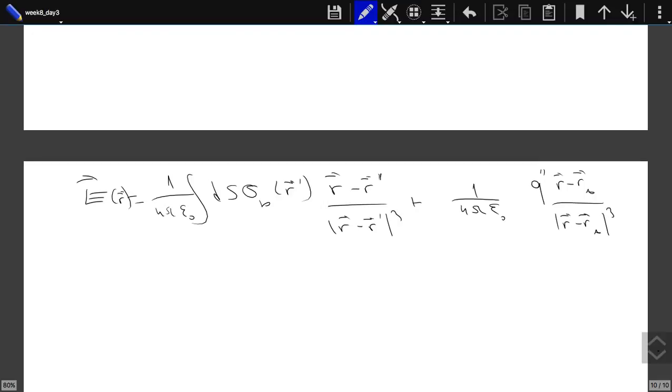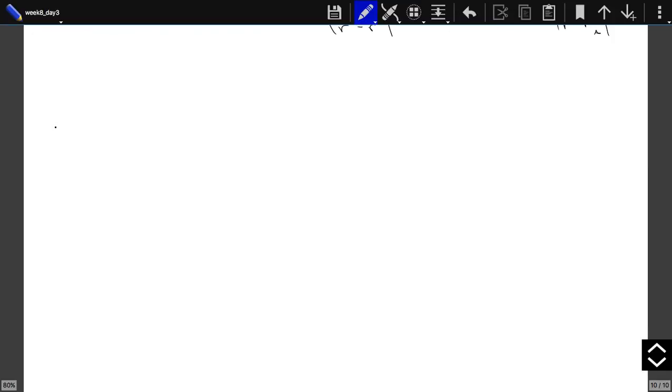You see what we have. If you have a single charge in a dielectric, we know that the divergence of the displacement field, which is minus the divergence of epsilon times the gradient of the potential, is equal to rho free.